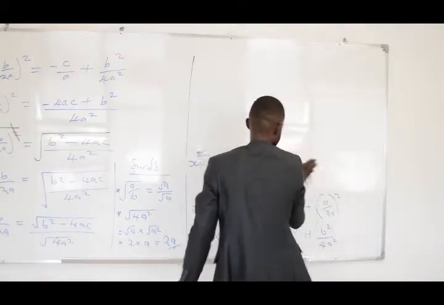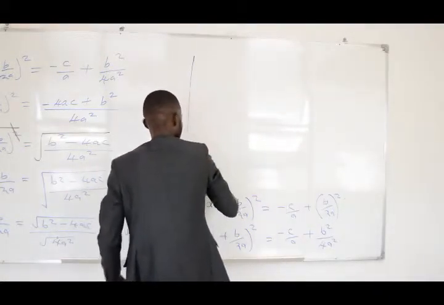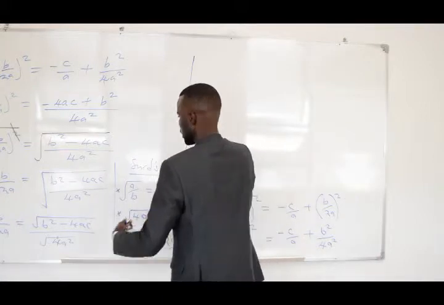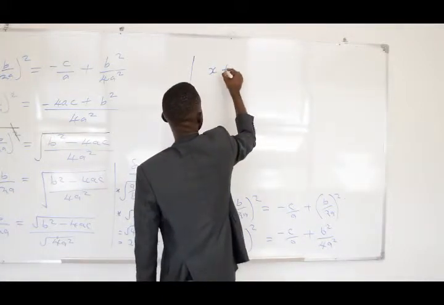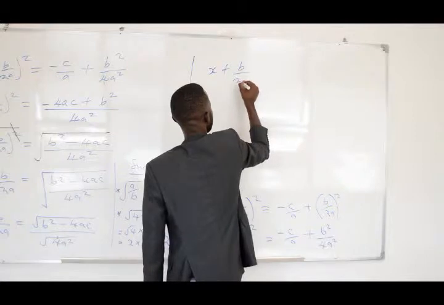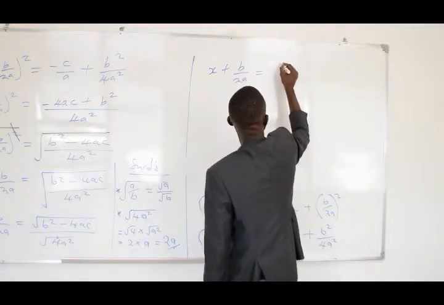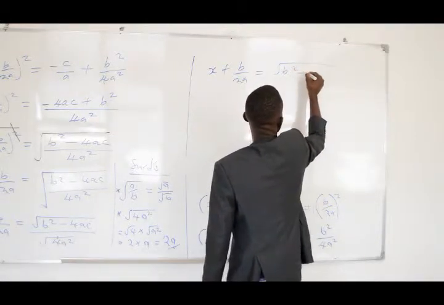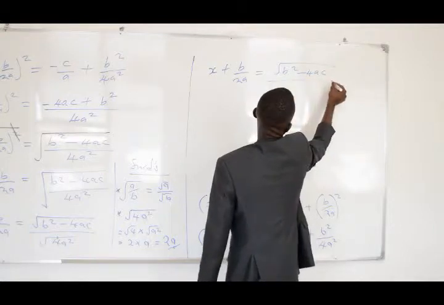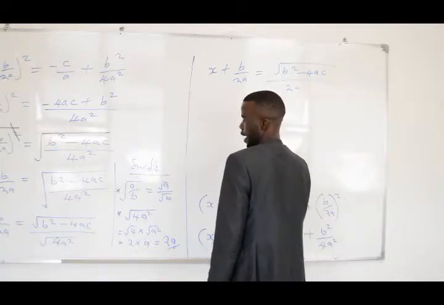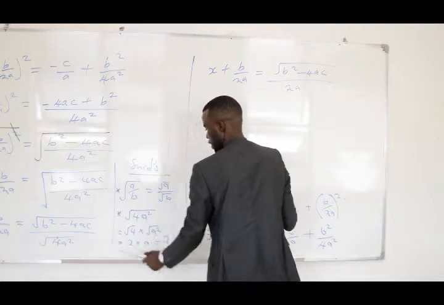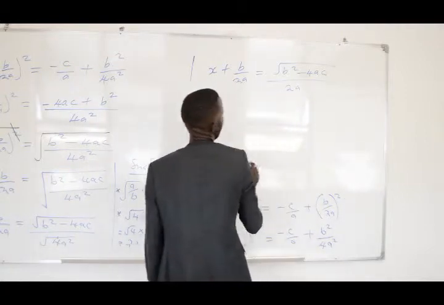So now at this point, let me just rewrite it again. We have x plus b over 2a is equal to the root of b squared minus 4ac upon, now we write 2a, because we know that the root of 4a squared is just the same thing as 2a.